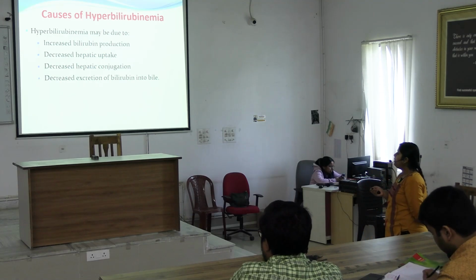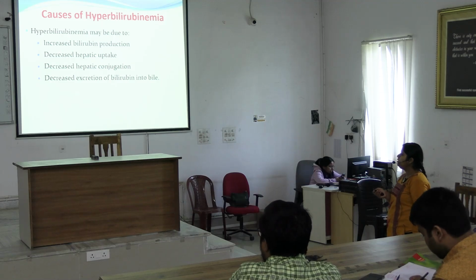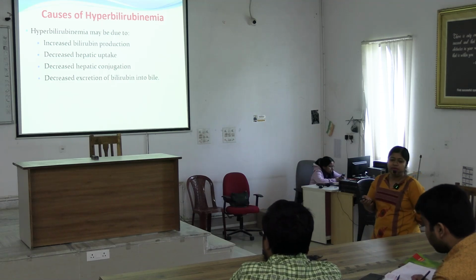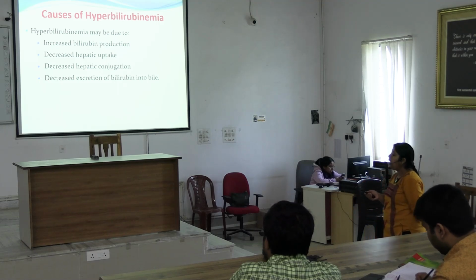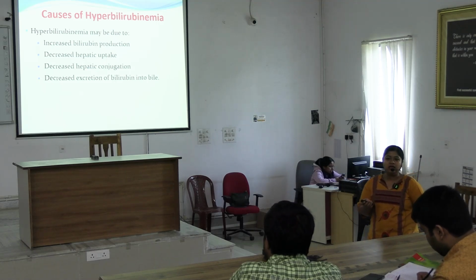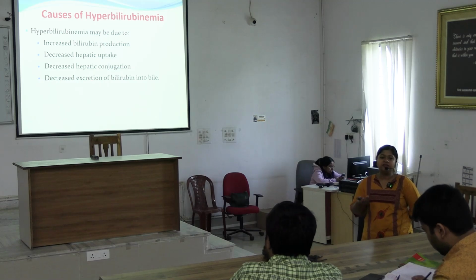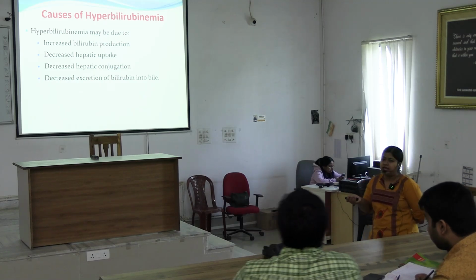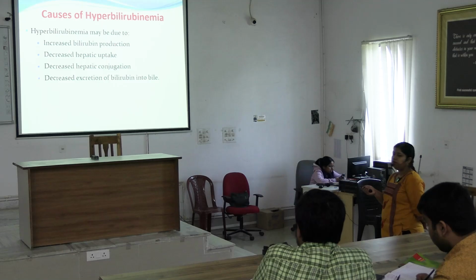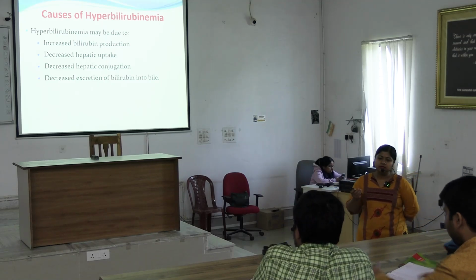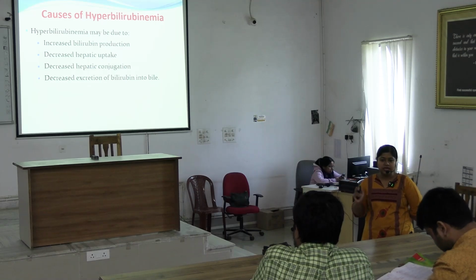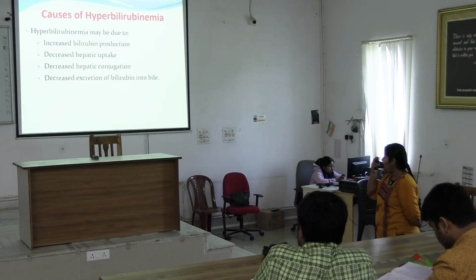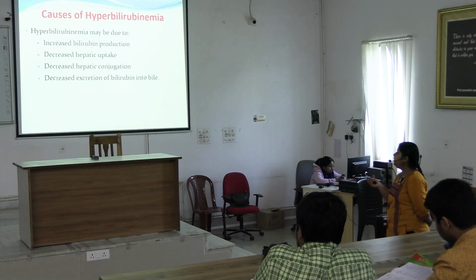Hyperbilirubinemia may be due to increased bilirubin production, from increased hemolysis; decreased hepatic uptake, if the hepatocytes are not functioning properly or if there is any transporter deficiency, it will lead to decreased uptake of bilirubin; decreased hepatic conjugation, which can also occur in any disease of the liver; and decreased excretion of bilirubin into bile.